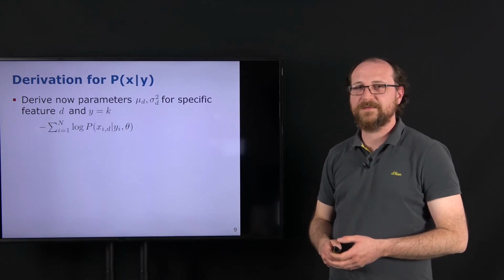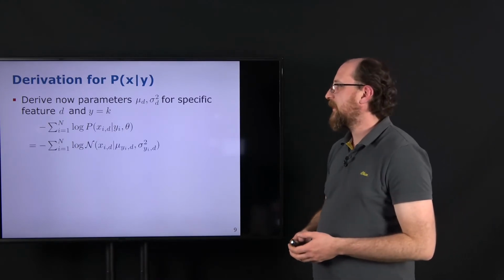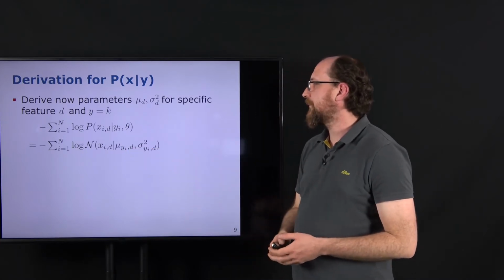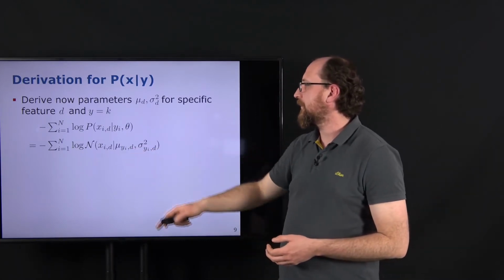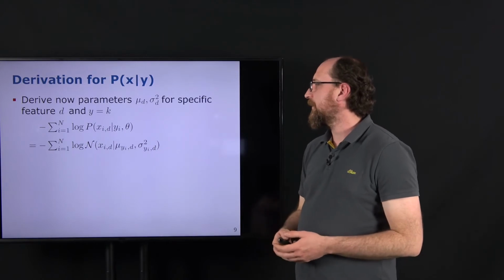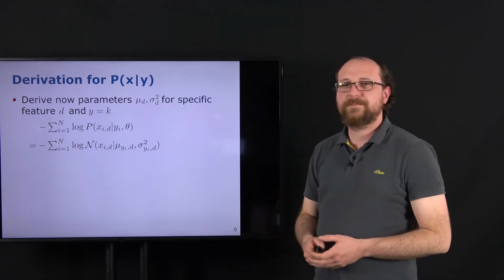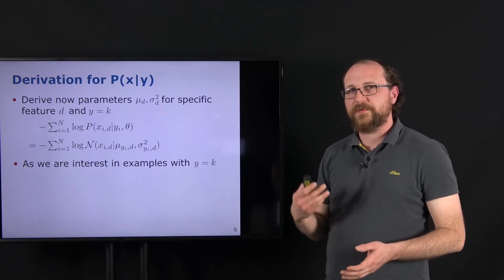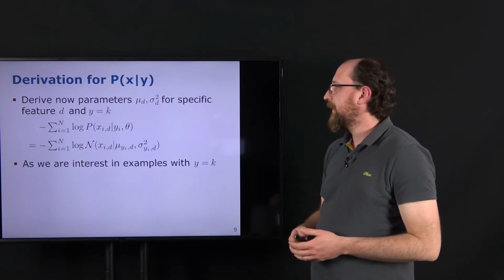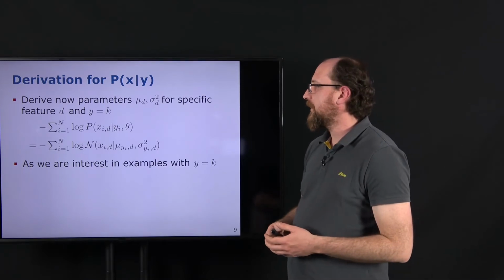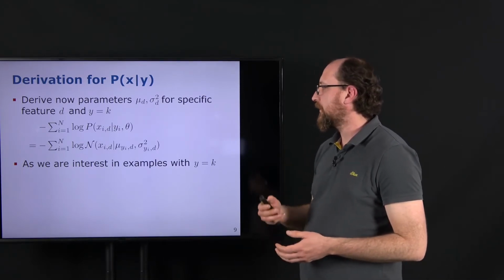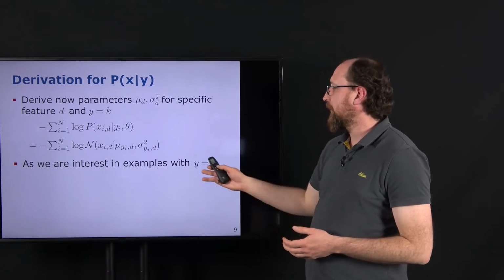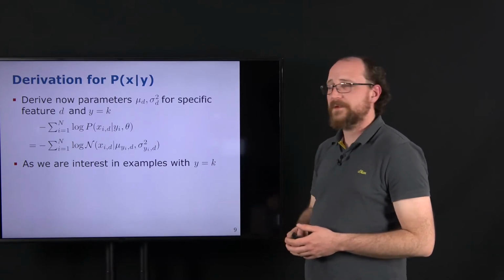So, and when we then plug in our assumption that P of x given y is a normal distribution with these parameters, so with this mu and with this variance of sigma square, then we can also now make the specific case that we are only interested in the features for a specific label, and therefore we are now assuming here y equals k.